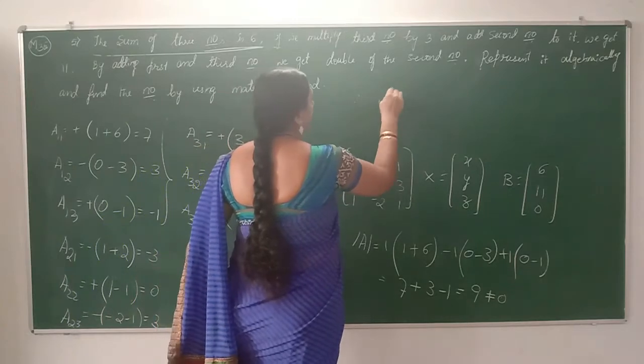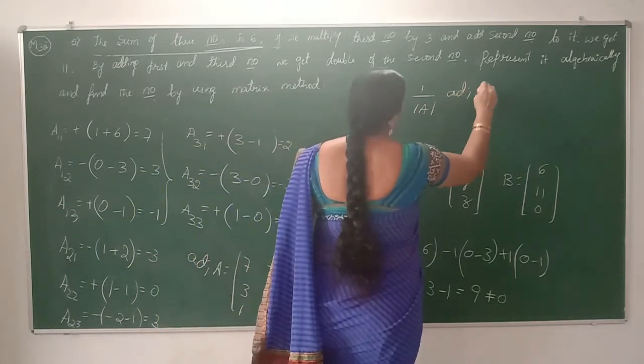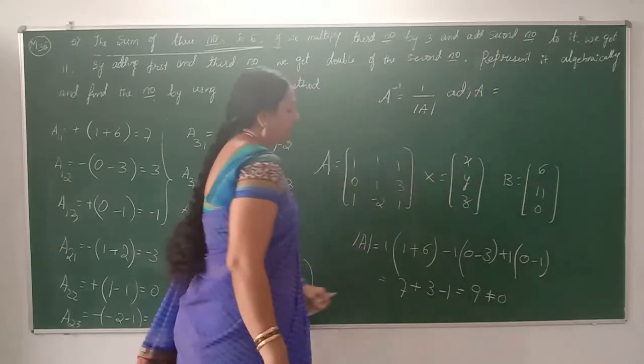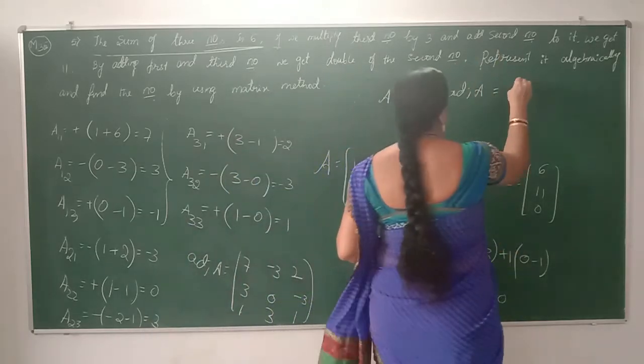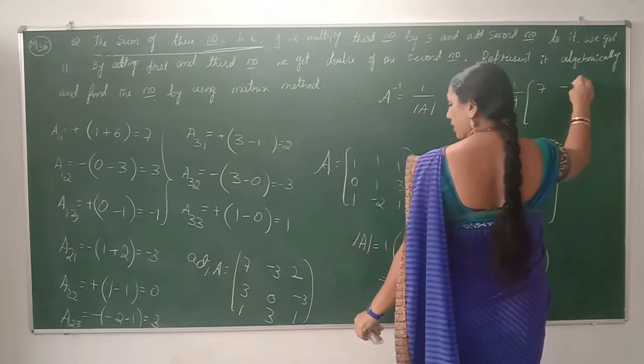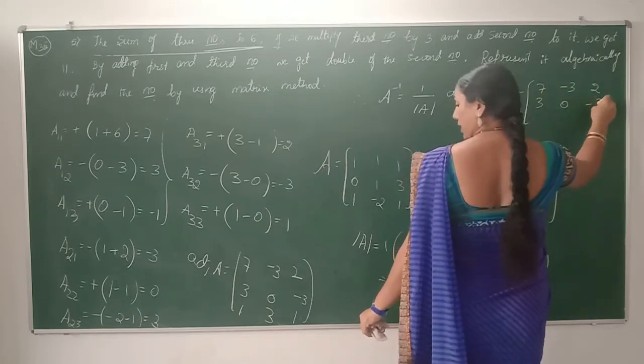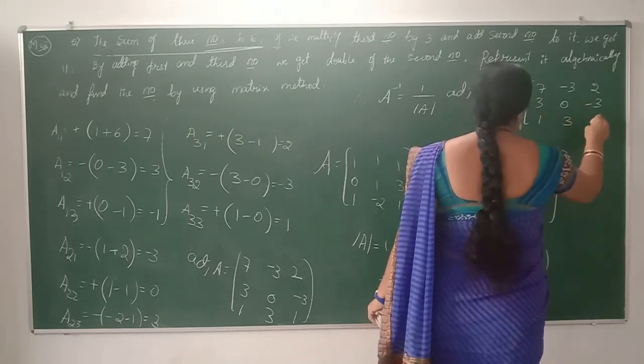Therefore, A inverse is nothing but 1 over determinant of A into adjoint of A, where determinant of A is nothing but 9. So 1 divided by 9 into the adjoint: 7, minus 3, 2, 3, 0, minus 3, 1, 3, 1.